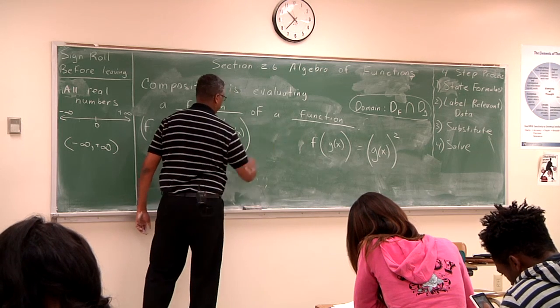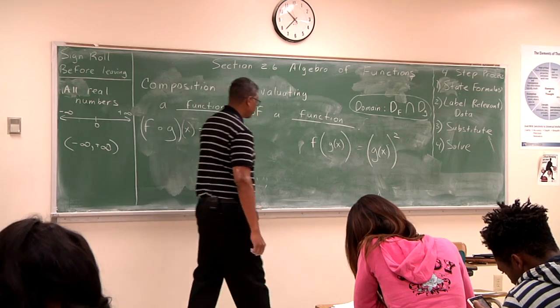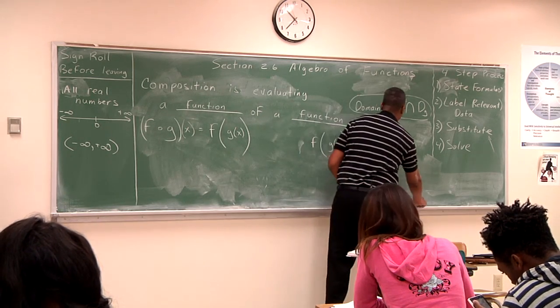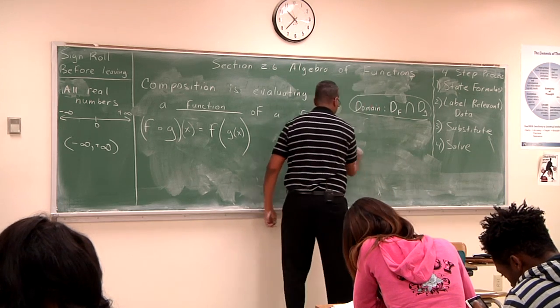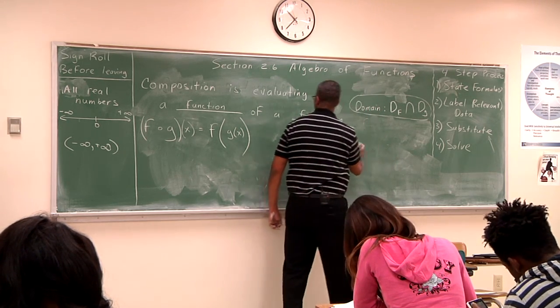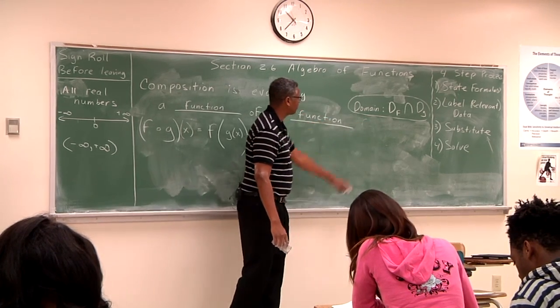And I kind of talked about it over here, right? All right, so that is the notation for composition. The domain for composition is still going to be the intersection of the domain of the first function with the domain of the second function.